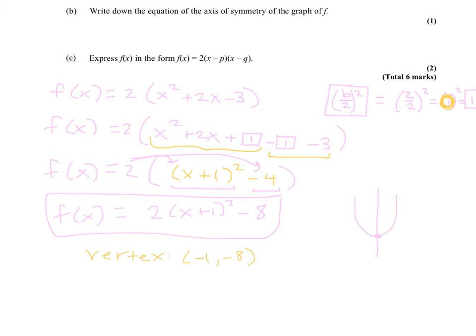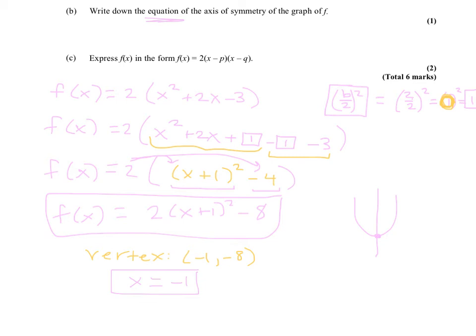That comes straight from this right here. Our axis of symmetry is a vertical line, so that's going to be x equals, okay? And the x value of our vertex, so that's -1. If I only wrote -1, I don't have an equation, I just have a number. So make sure you write x equals -1 so you have the equation of the axis of symmetry.